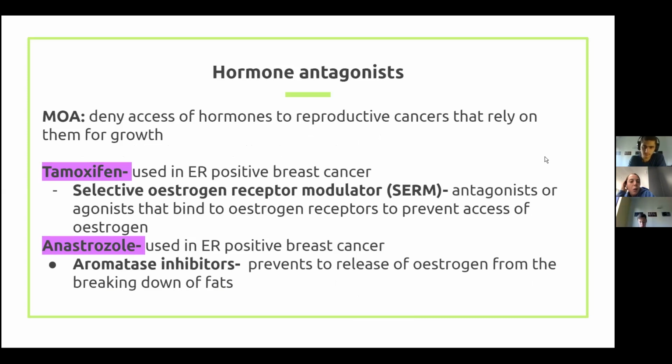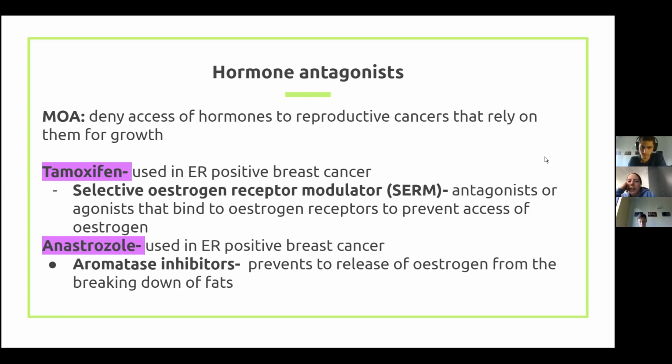Then we have our hormone antagonists. These are usually for hormone receptor positive breast cancer, which means estrogen positive breast cancer. So breast cancer that grows off the hormones of the body, specifically estrogen for females.